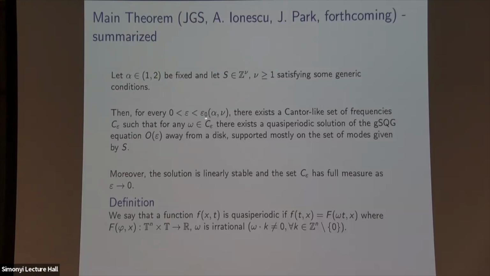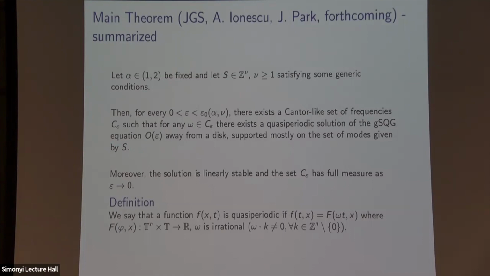Then there exists an epsilon naught such that for any epsilon between 0 and epsilon naught, one can find a Cantor set of frequencies such that for any frequency in that Cantor set, there is a quasi-periodic solution of the modified SQG for this alpha. And that solution is epsilon away from the disk, plus maybe some smaller terms. And this epsilon piece is supported in the set of modes that you chose a priori.